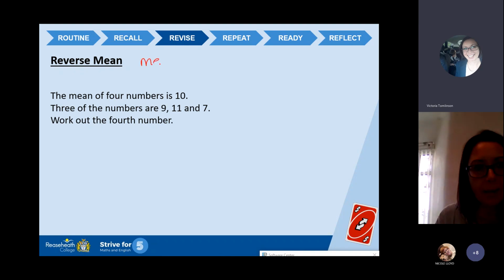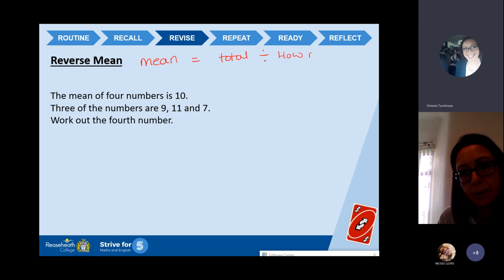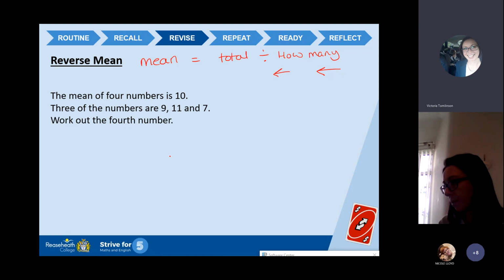So you need to think the mean is equal to the total divided by how many? So if we're going to do it backwards, what do we think we do to that divide? What happens when we do a sum backwards? If normally we divide by how many, what do you think we're going to have to do if we're going backwards?